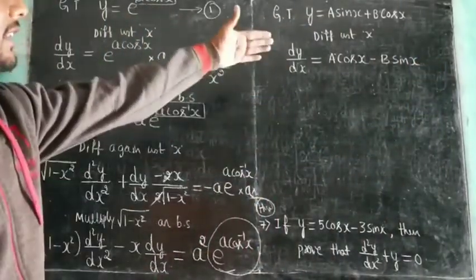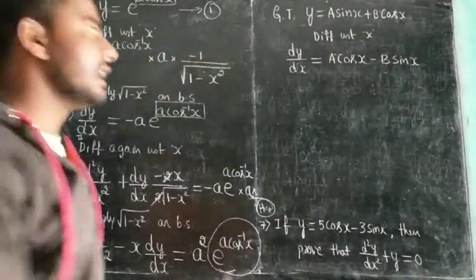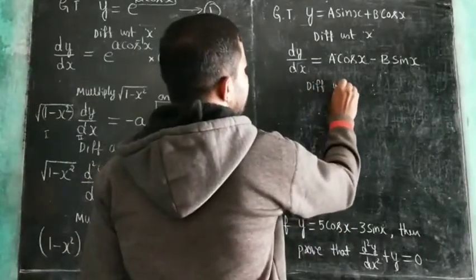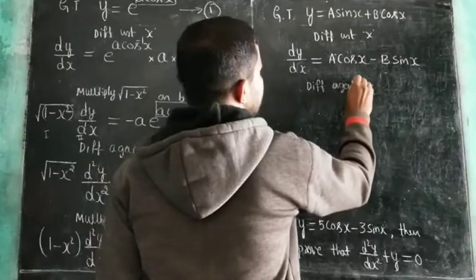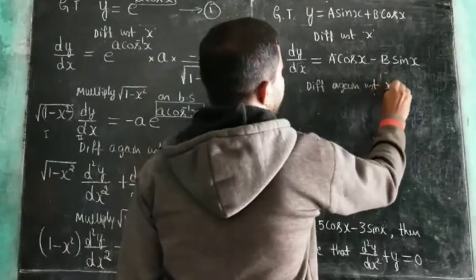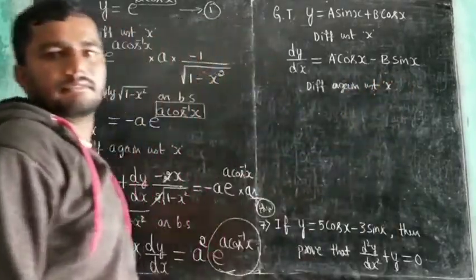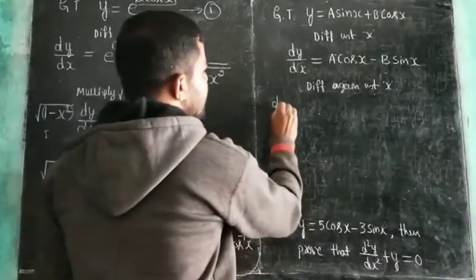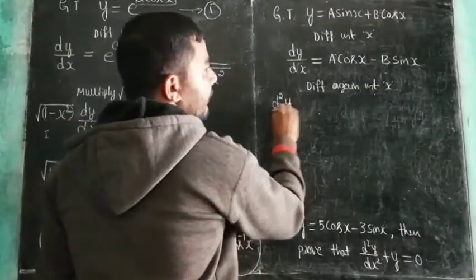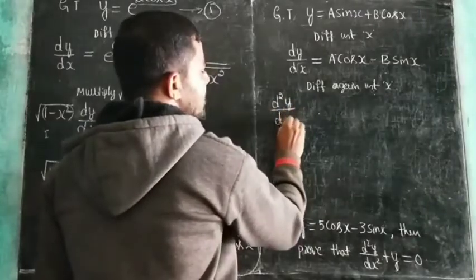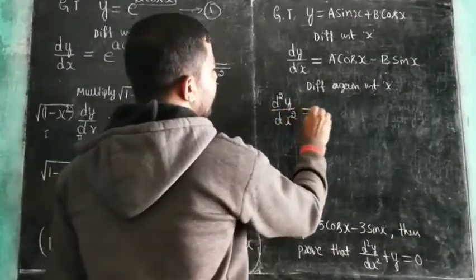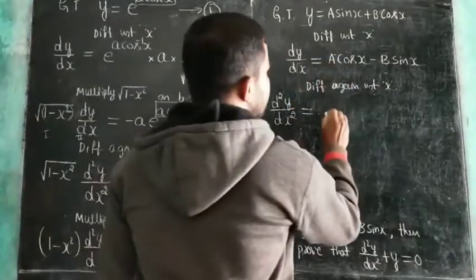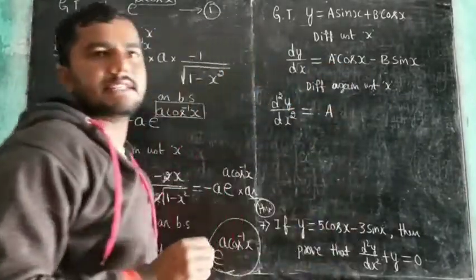Once again, the denominator has no value of any kind. So once again we differentiate, differentiate again with respect to x. The derivative of dy by dx with respect to x is d square y divided by dx square is equal to, here a is a constant, so take a as it is.